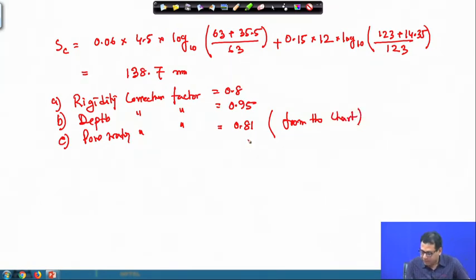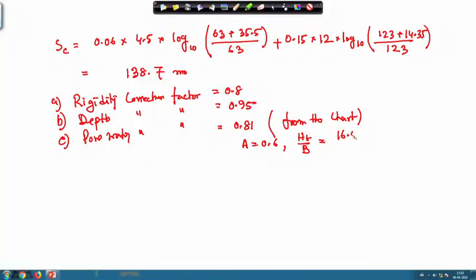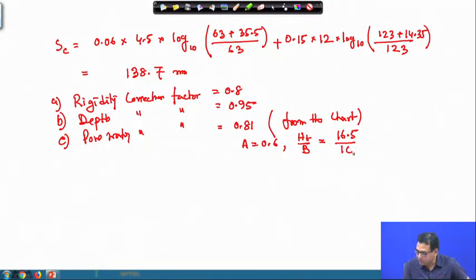And from the chart we have A is equal to 0.6, and there is a term H T divided by B. H T is the soil below the influence zone of the soil below the base of the foundation. Here H T value is total soil thickness below the foundation, the soil zone is 16.5 and B is 10 meters. So, it is 1.65.